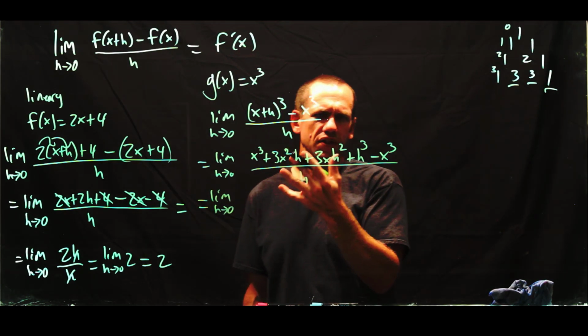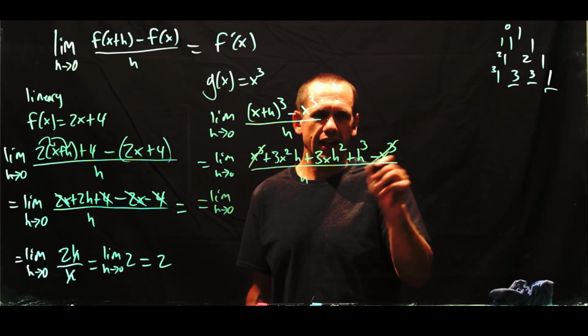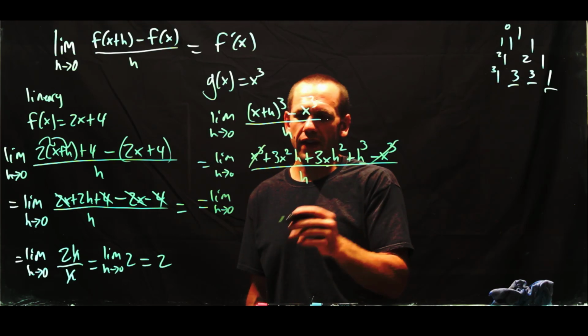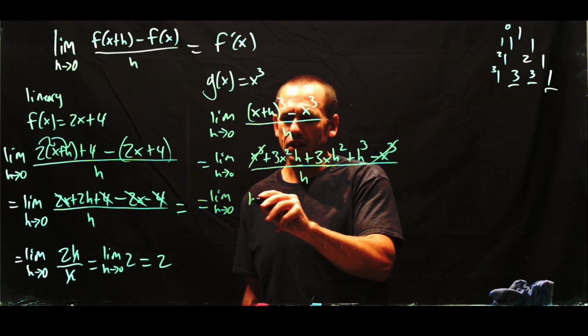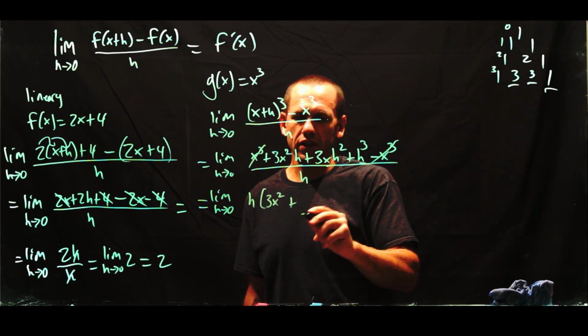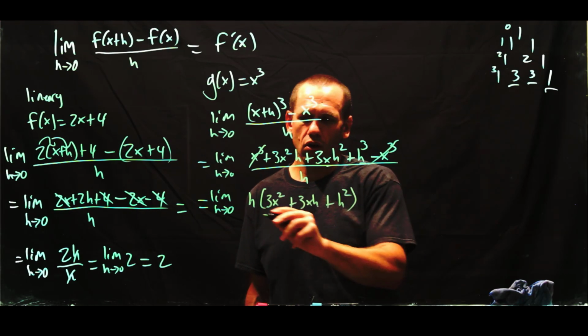And now all we have to do is simplify a little bit of this stuff. This x cubed and that x cubed go away, and then we see there's an h in every term, so we're going to factor one of those out. So this is equal to h times the quantity 3x squared plus 3xh plus h squared all over h.